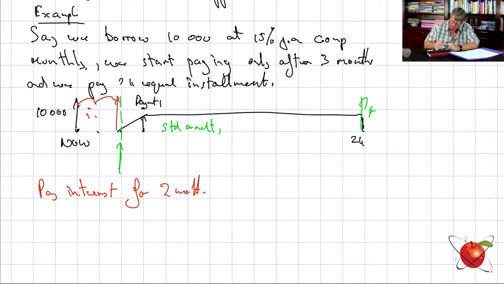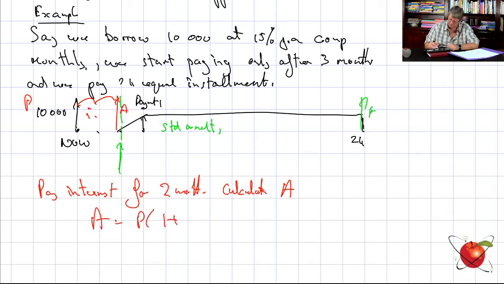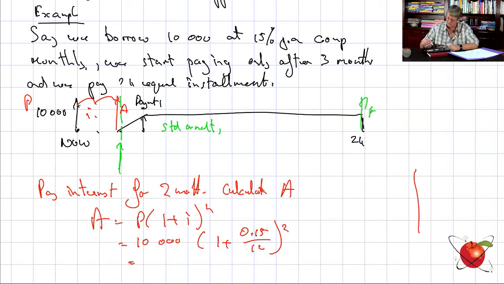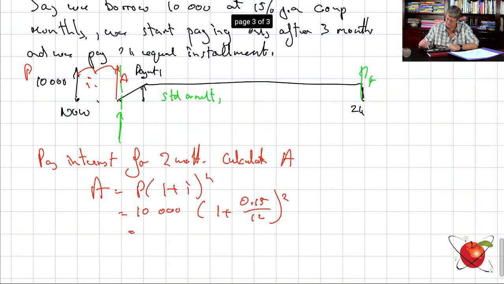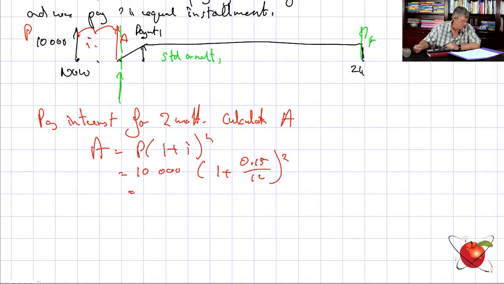So therefore, this over here is P, calculate A. So A is equal to P(1 + i)^n. P was 10,000 times 1 plus i, in this case 0.15 over 12, and how many months? 2. Now I work out what that's going to be, and that is going to be equal to 10,251.56.